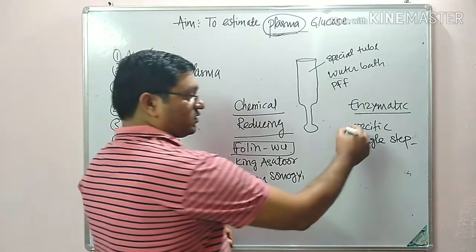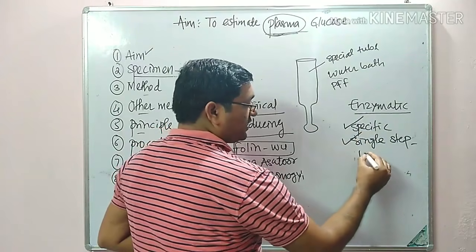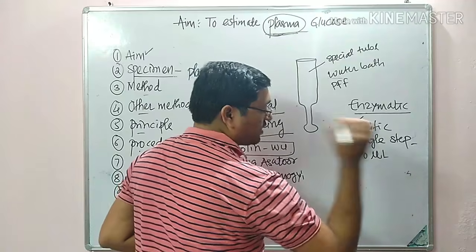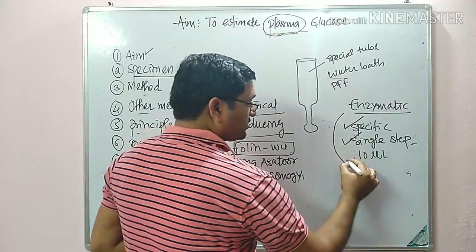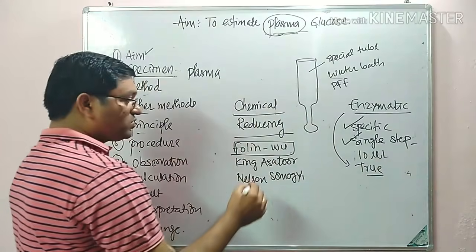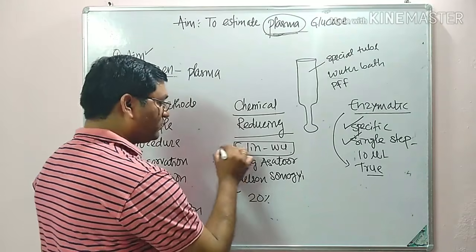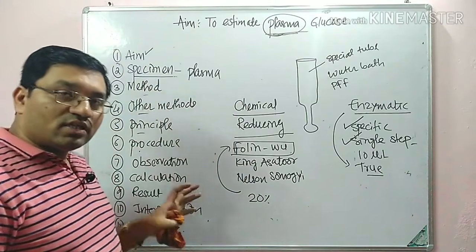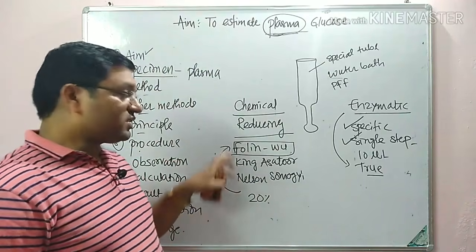These methods are specific, single step procedures, and only 10 microliter of sample is required. And enzymatic methods give the true value of glucose. These reducing methods give 20% extra result, especially Folin, because other reducing substances present in blood give this test positive.